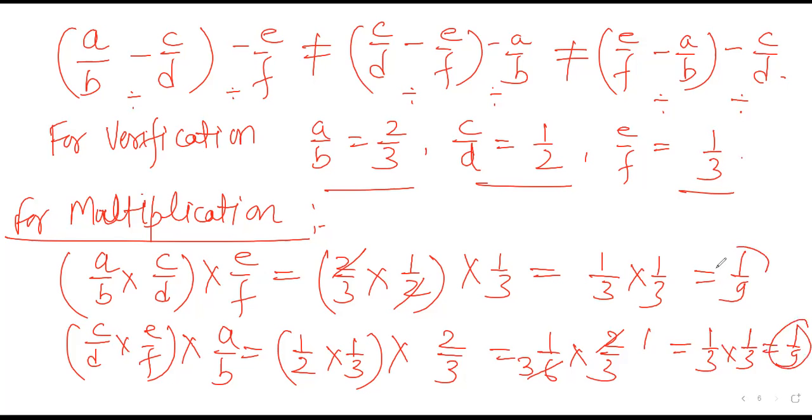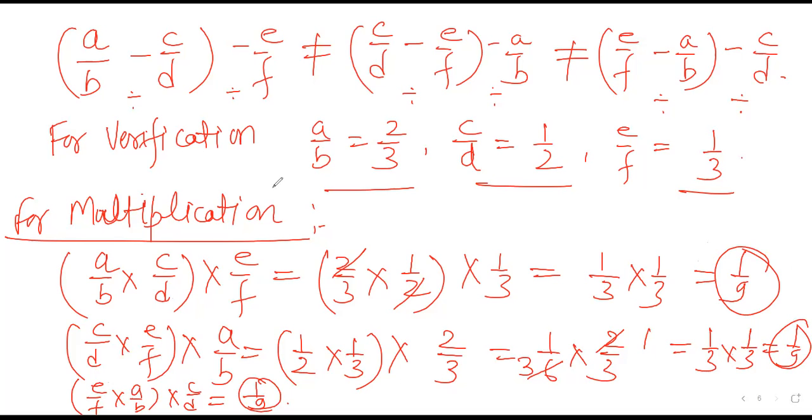Now look, both numbers are the same. Third thing, E upon F into A upon B into C upon D, you will again get 1/9 by the same process. So we can say that for multiplication, the associative property of rational numbers will hold.